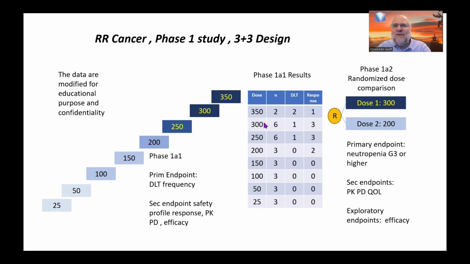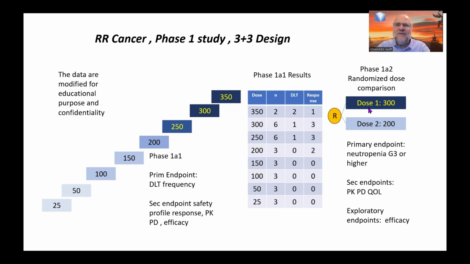In the past, we would have taken the 300 milligram, called this our maximal tolerated dose and recommended phase 2 dose, and would then have used this in phase 2. Nowadays, we are getting more sophisticated with the doses, and we have a dose comparison component in the study.